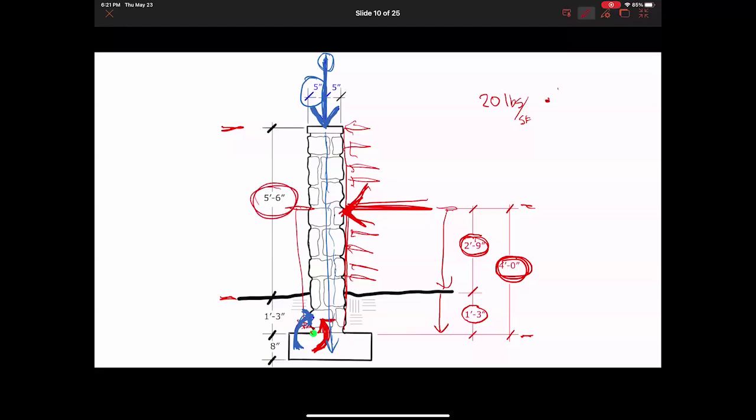So times 5.5 feet. And you can go ahead and run it out yourself in a calculator. I have found that students generally, it's one thing to watch me do it, but you won't remember it if you don't try to do it yourself, even though you can surely operate a calculator. But if you run that out, it's going to be 110 pounds per linear foot of wall, which basically means that this arrow here is 110 pounds.